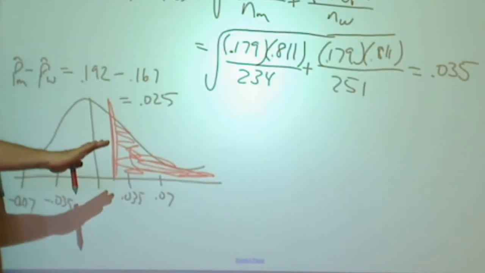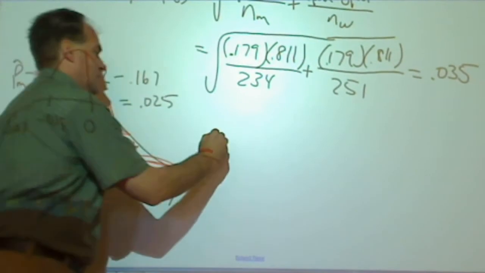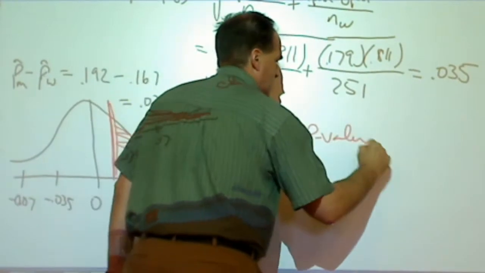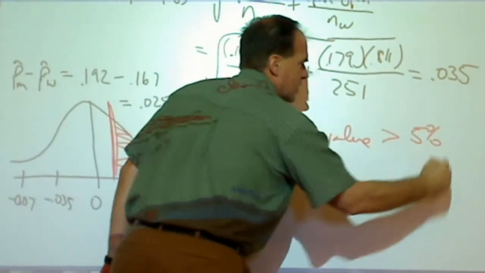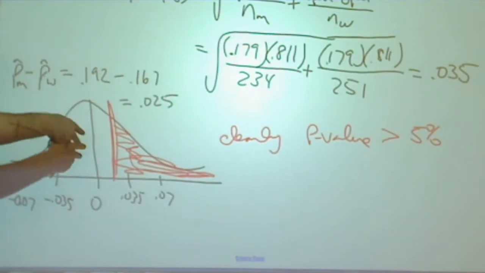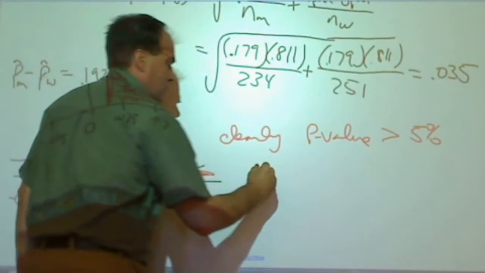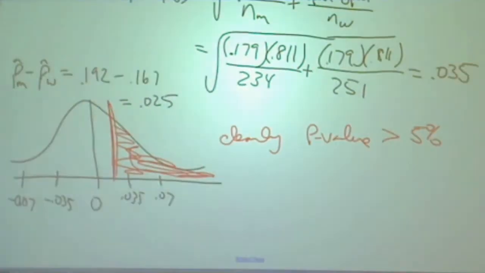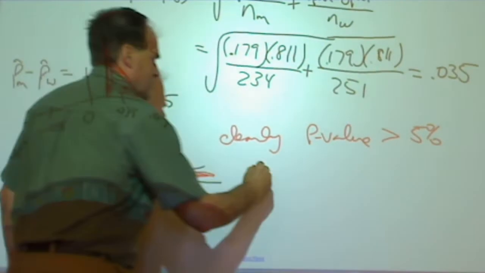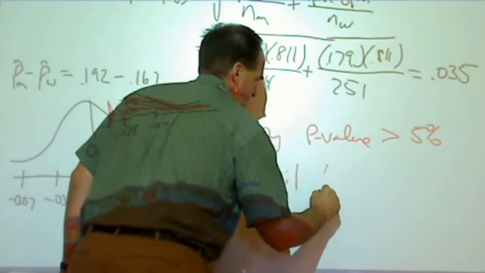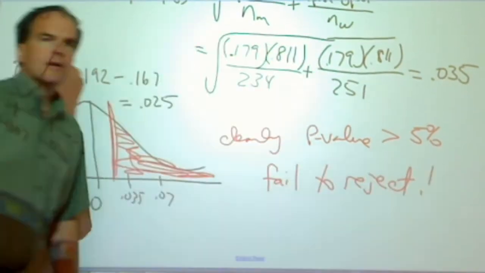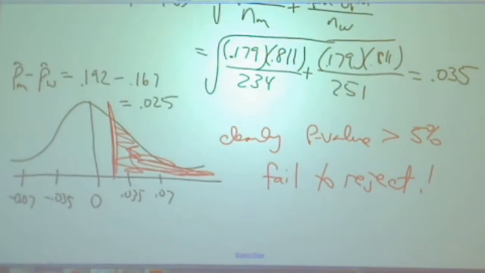I'm okay if you don't calculate the p-value. Okay, so clearly p-value is above 5%. I mean, we're right smack dab near the middle of our model. Okay, so what do you do? Fail to reject.